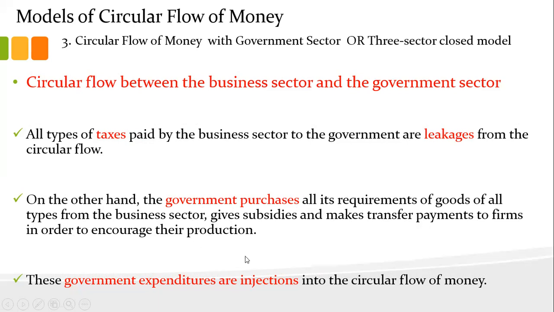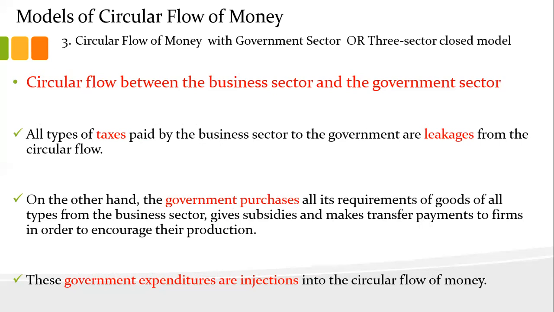So taxes on one hand government is collecting, but on the other hand government is purchasing goods and services from business sector also. On behalf of that they are giving money, and subsidies are also given to industries, the business sector or the producers, or transfer of money is also happening for the consumption of whatever the government is purchasing from businesses.